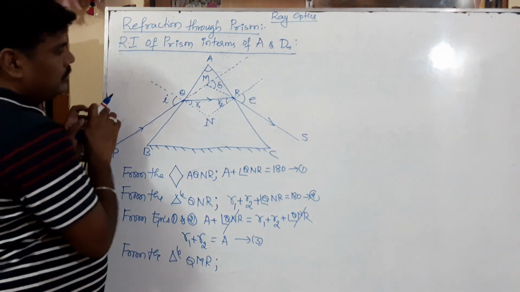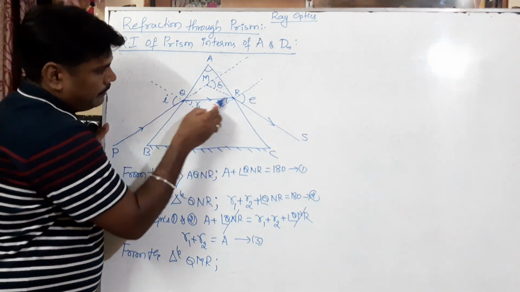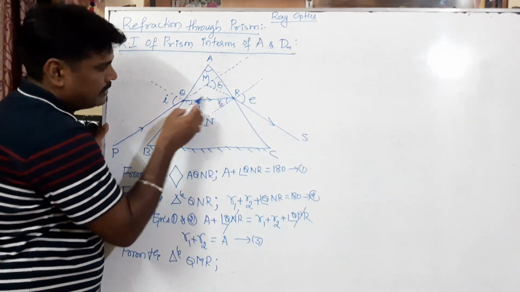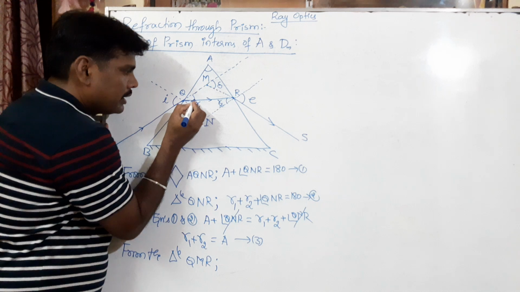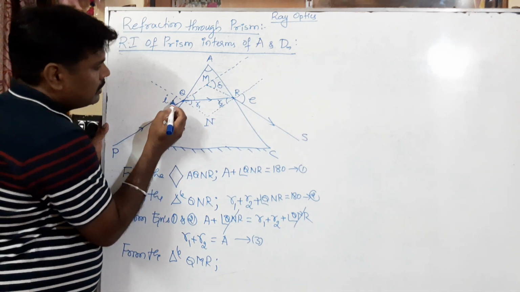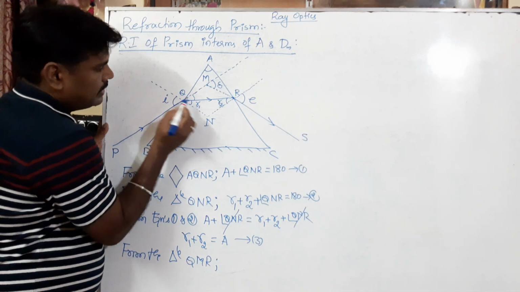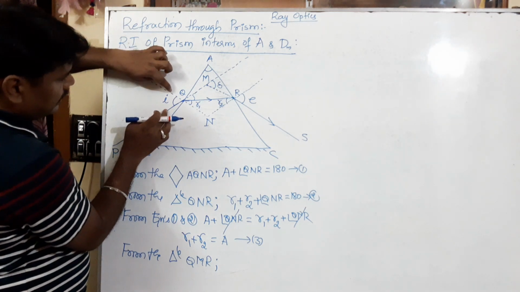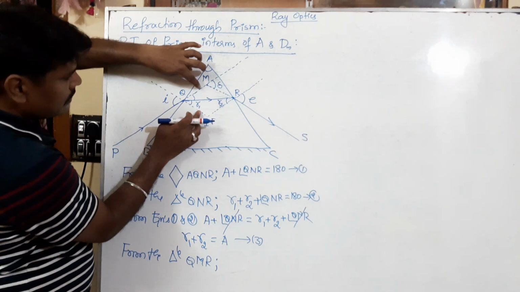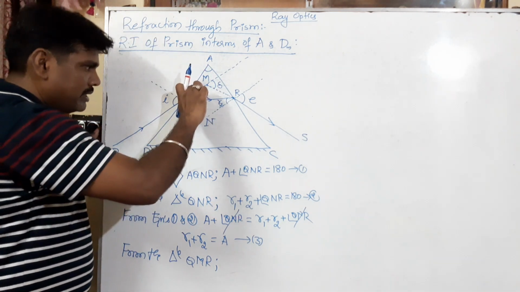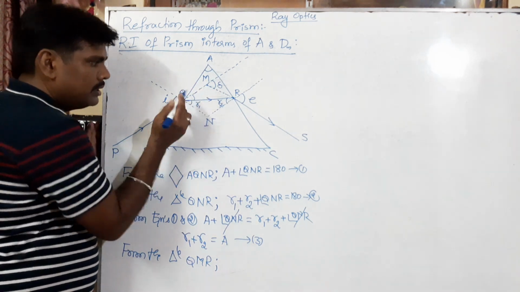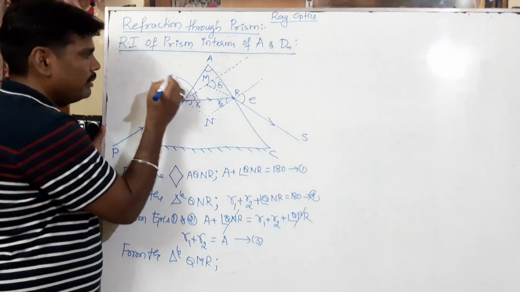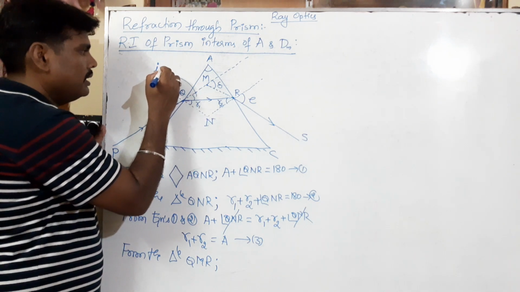In triangle QMR, one angle is a difference of I and R1. See here, this angle is I and this angle is also I, vertically opposite. So if I subtract R1 from I, this is the remaining angle. So this angle becomes I minus R1.